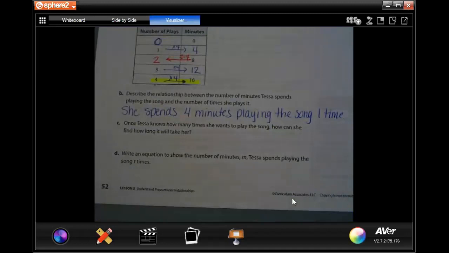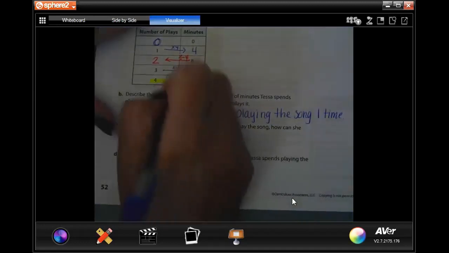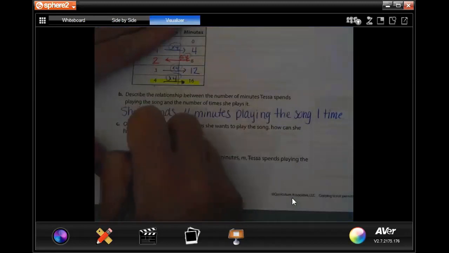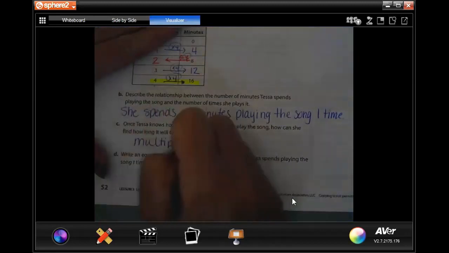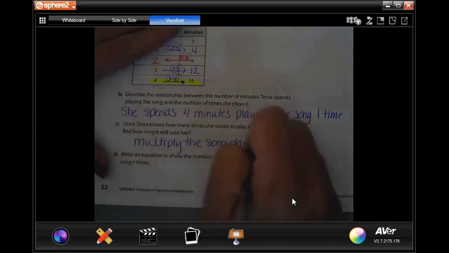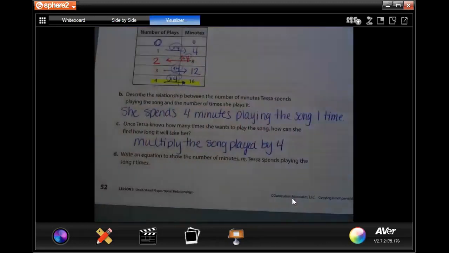C, once Tessa knows how many times she wants to play the song, how can she find out how long it will take her? Well, we found this out, didn't we? So she would have to multiply the number of times the song was played by 4. And then finally, we're going to write an equation, right?